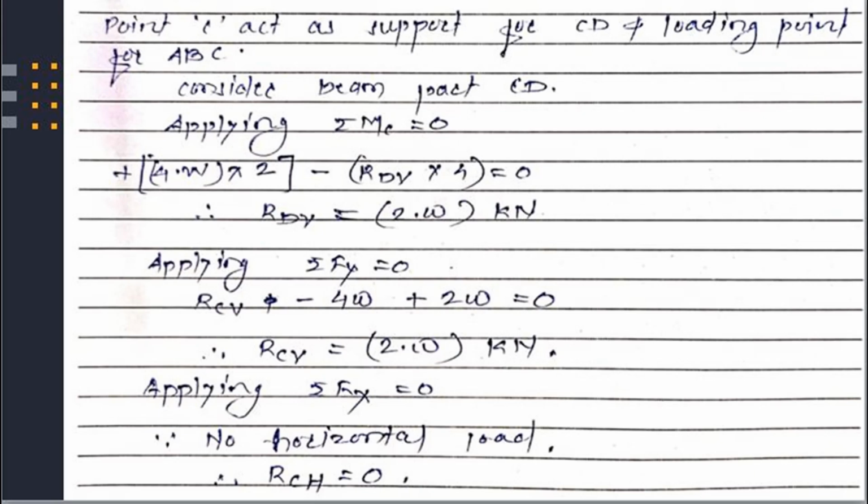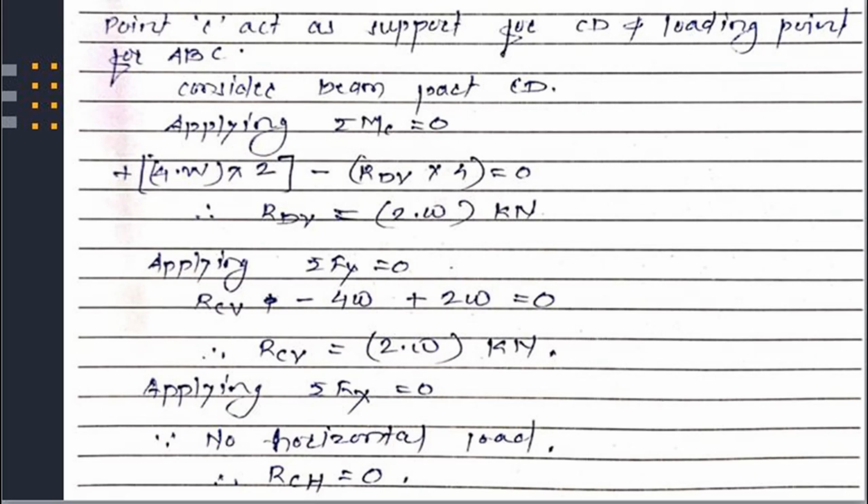Now, resolving all the forces in vertical direction and applying condition of equilibrium, that is applying summation Fy is equal to 0. Here RCV and RDV both are acting in vertically upward direction, therefore both should have positive sign. 4W is acting in downward direction, therefore 4W has negative sign.